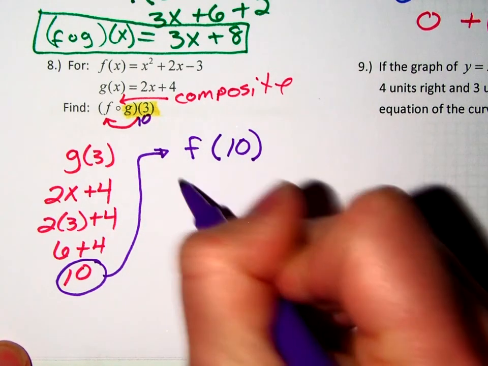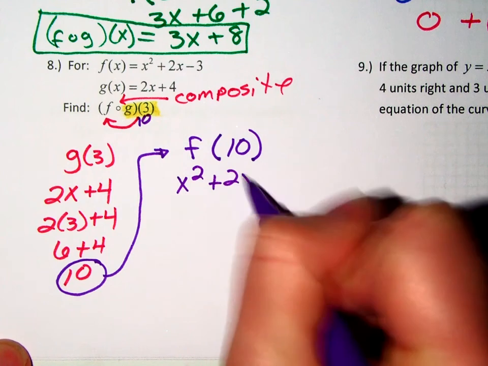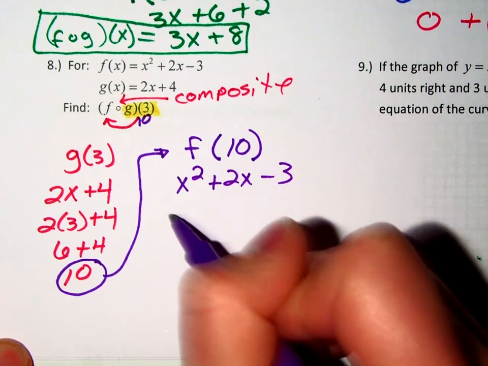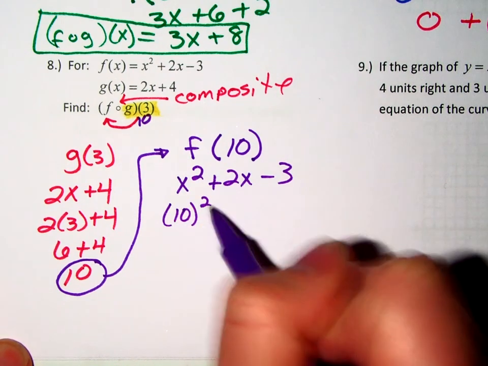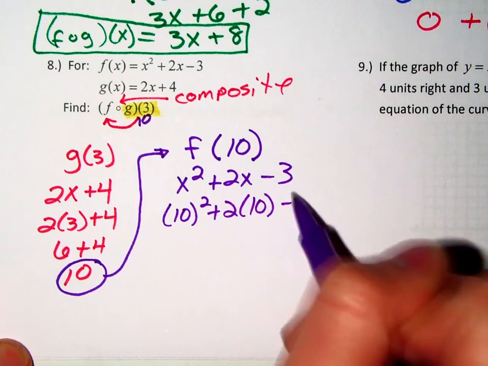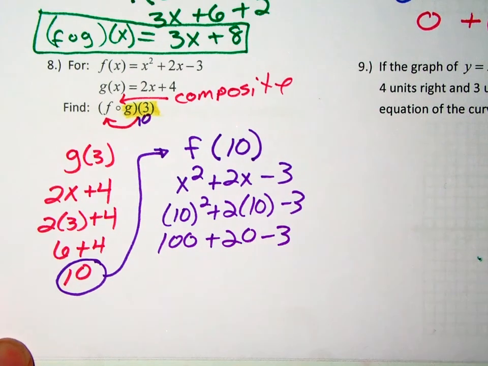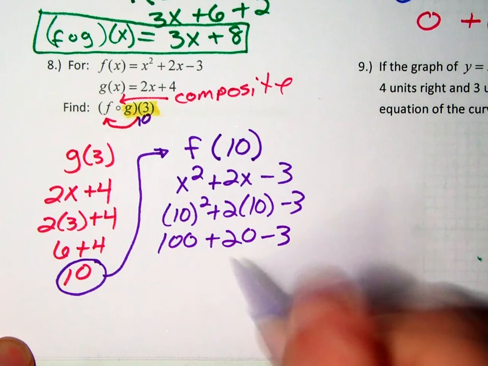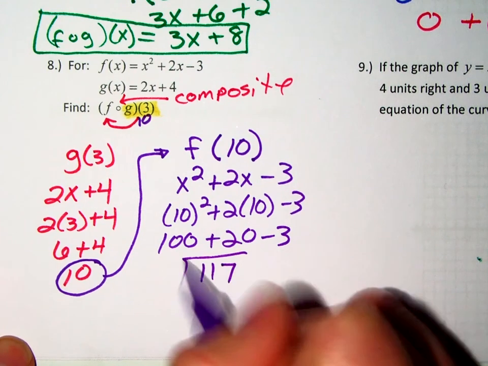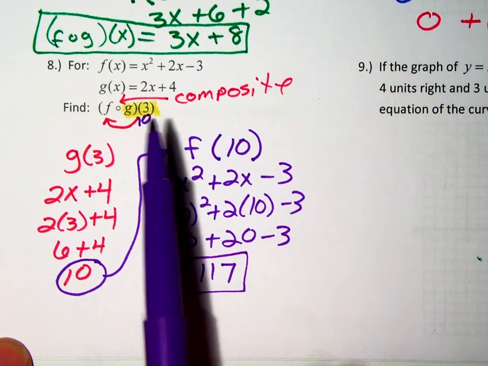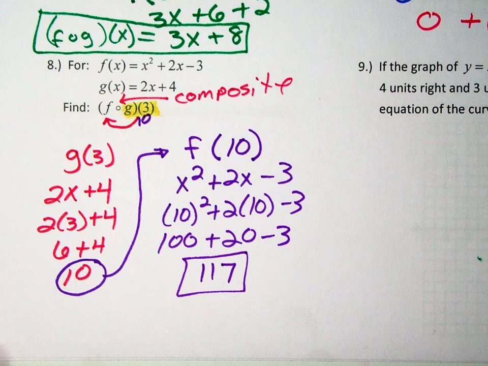And my f is x squared plus 2x minus 3, which is 10 squared plus 2 times 10 minus 3, which is 100 plus 20 minus 3. Well, 100 plus 20 is 120, minus 3 would be 117 is my final answer. And again, because I had a number there, I knew my final answer should just be a number at the end.